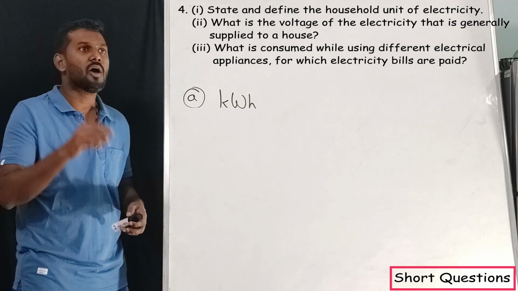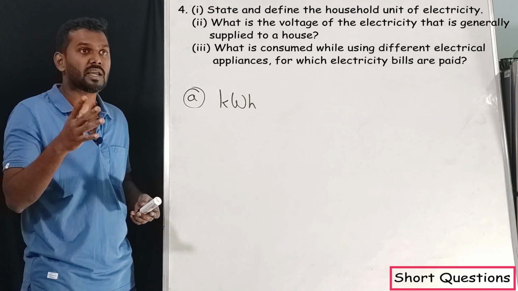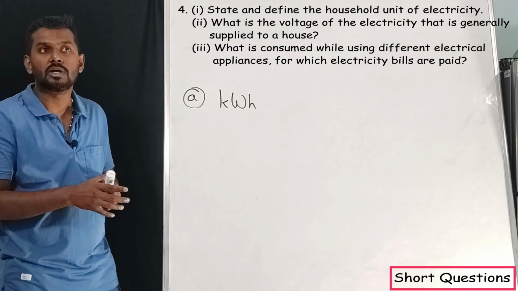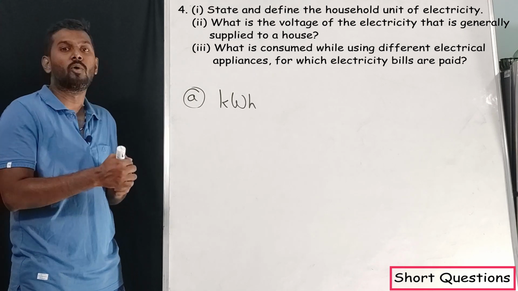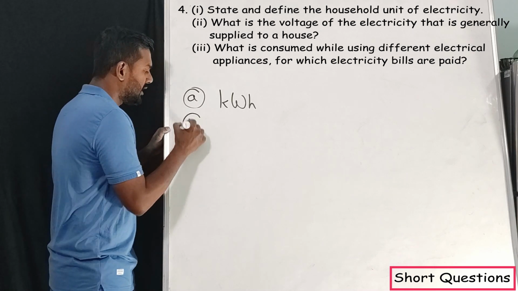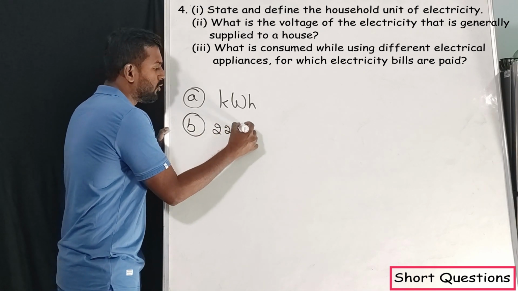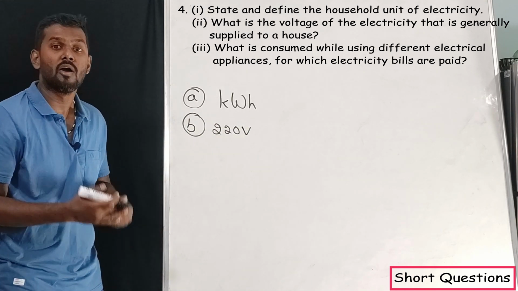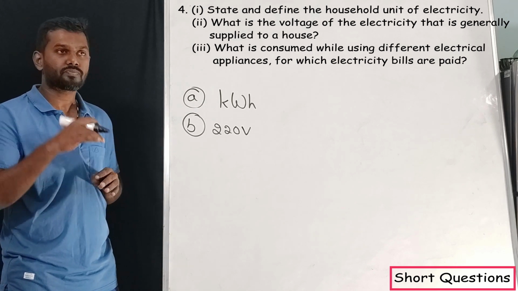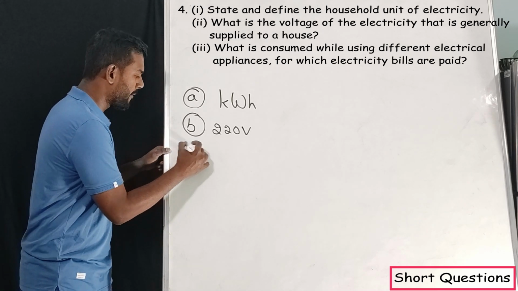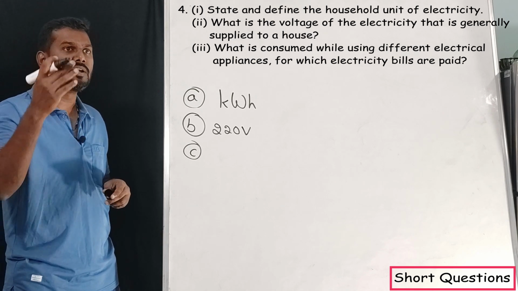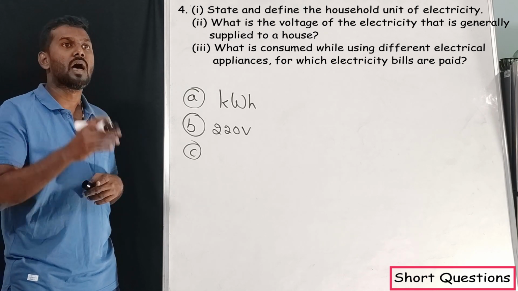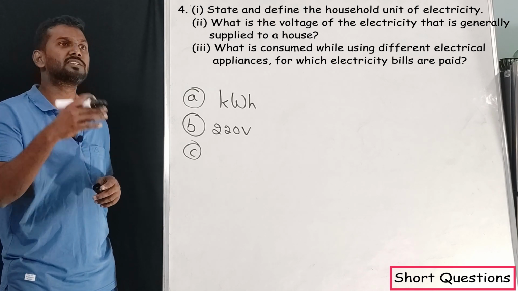Our second sub question: what is the voltage of electricity that is generally supplied to a house? That means for a domestic purpose, what is the voltage we are getting? That is nothing but 220 volts. This is the voltage we are getting for our houses. Third sub question: what is consumed while using different electrical appliances for which electricity bill is paid?